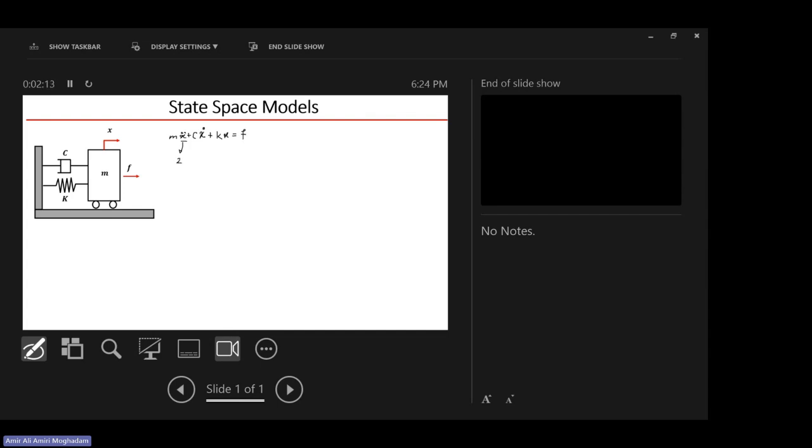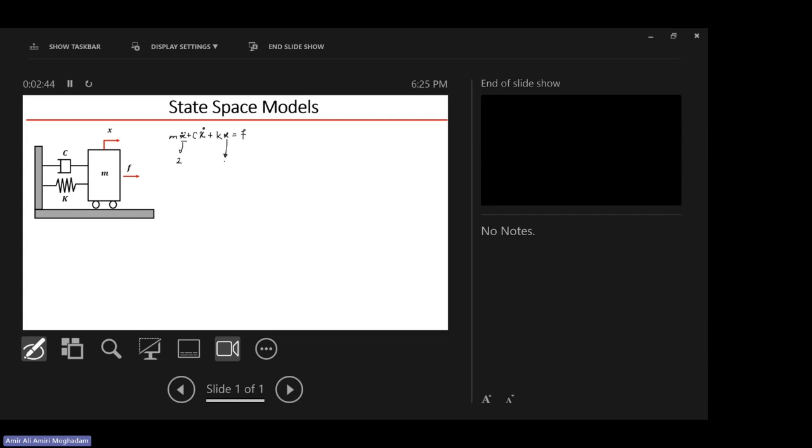So the next question is, how can we choose the state variables? Well, there are different methods, but the method that I would like to talk about today is called the phase variable method, and it can be used for defining control-oriented systems. And it goes like this. The state variables will be picked to be the dependent variable, in this case x.